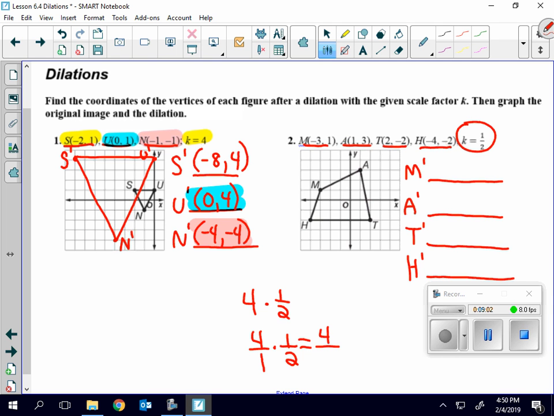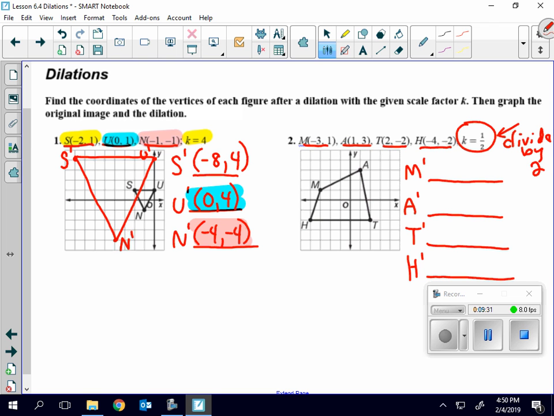Multiply across the bottom. 1 times 2 is 2. So multiplying 4 times 1/2 is the same as 4 divided by 2. So really, if I am multiplying by 1/2, it's the same as dividing by 2. So each one of these vertices, I'm going to divide by 2.